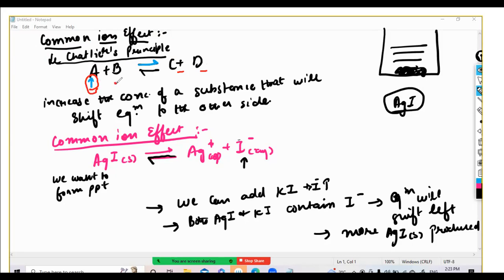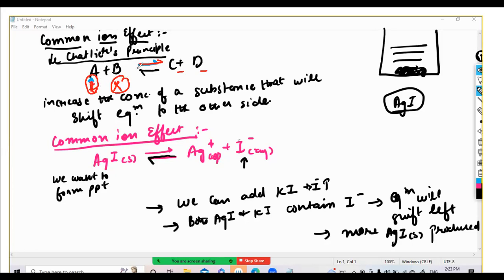The equilibrium will adjust in such a way that it will try to oppose the change. So if you increase something on this side, the equilibrium will shift more towards the right. The forward reaction will take place more and more compared to the backward reaction, because it wants to deal with this rising concentration of A.